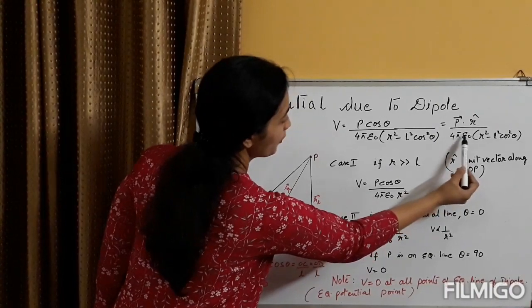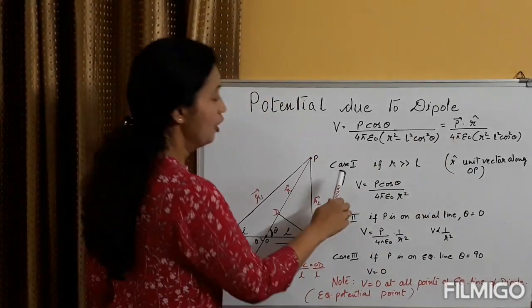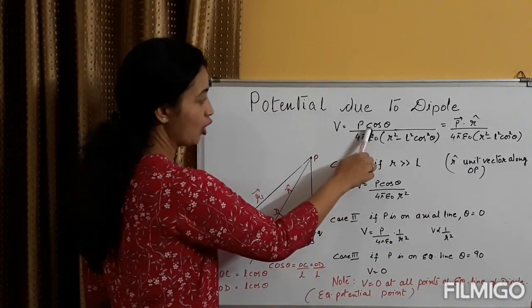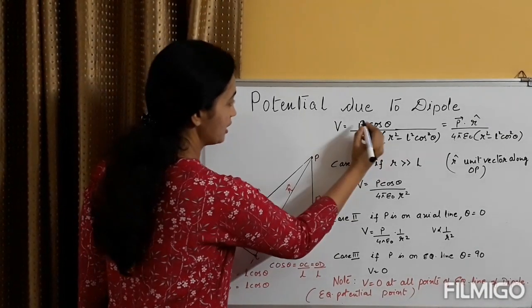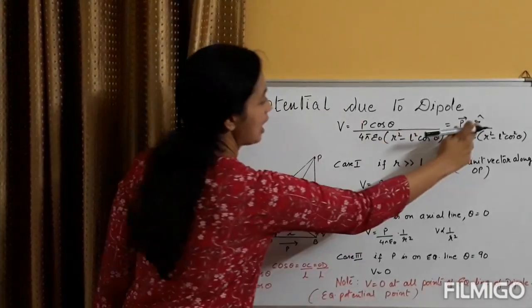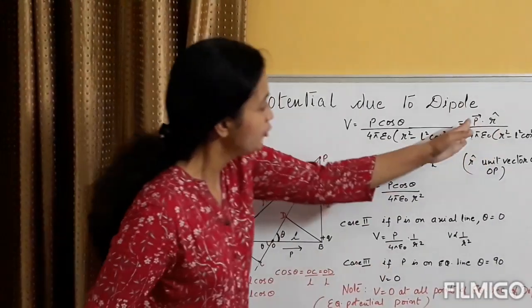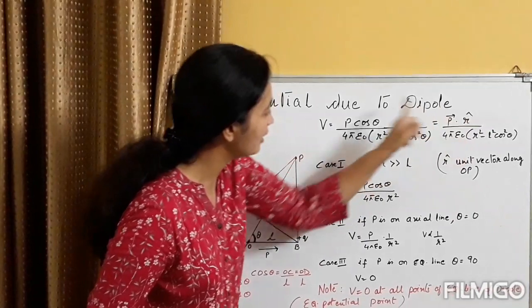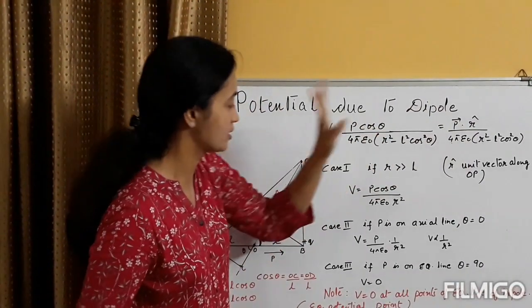So 4 pi epsilon naught, the same denominator. First case, I hope you got it clear. P cos theta, here we have written it as P into 1 into cos theta. So the dot product of P dot R cap is P into 1 into cos theta.